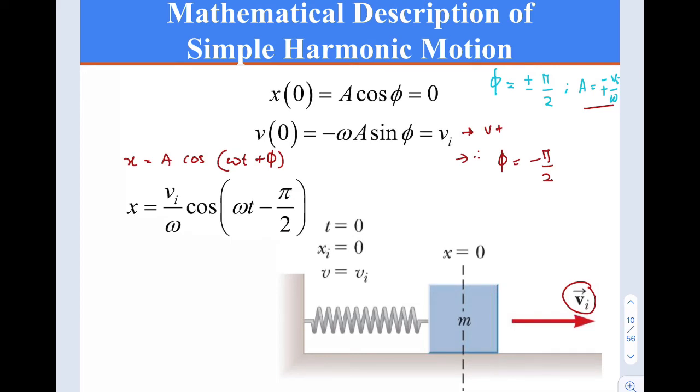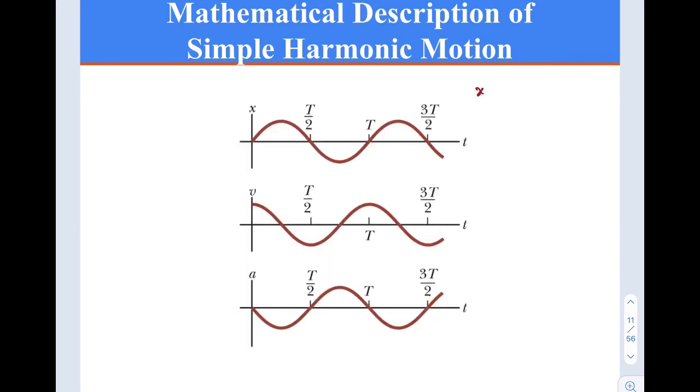Why is it pi over 2? Because it's one quarter of the complete oscillation. X is equivalent to A sin omega t, right? Which is also, V is equivalent to omega A cos omega t, and here we have A equivalent to negative omega squared A sin omega t. This is actually the same as the one we stated just now.